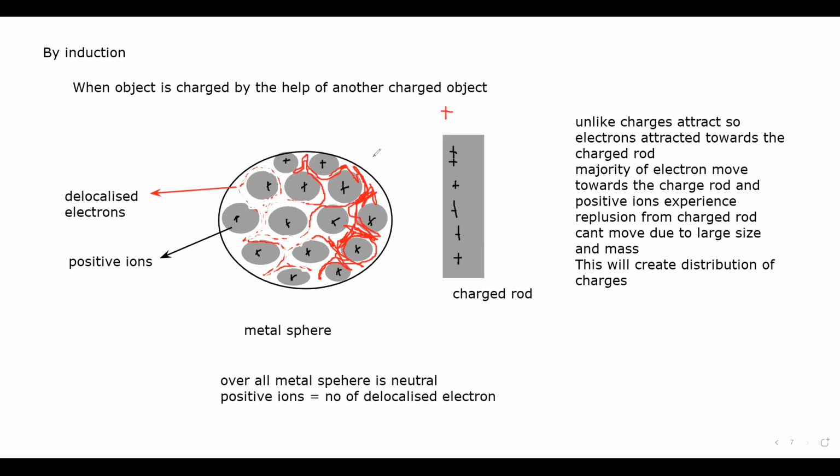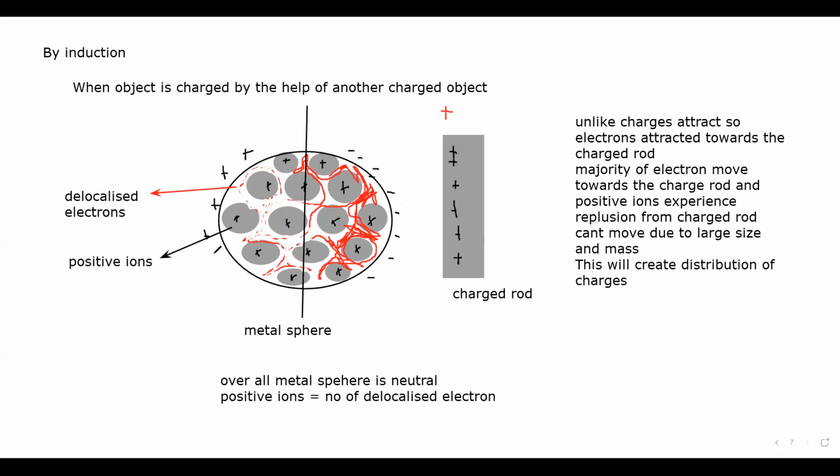If I divide this sphere into two halves, on the right hand side, will the majority of the charges be positive or negative? The majority of the charges will be negative. On the left hand side, the majority of the charges will be positive. So this creates a distribution of the charge.